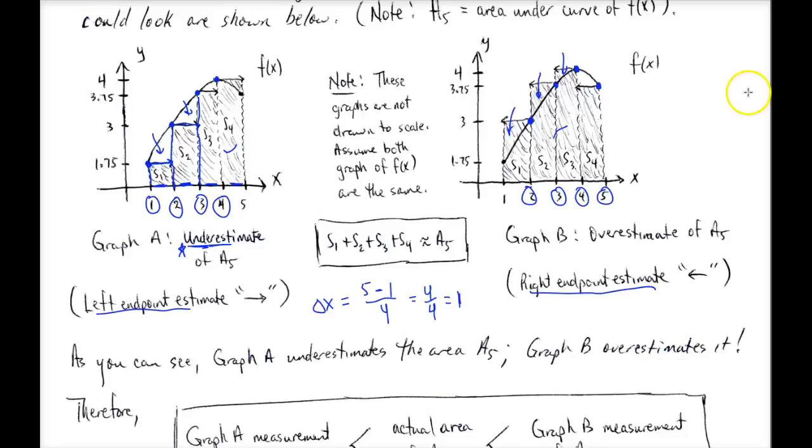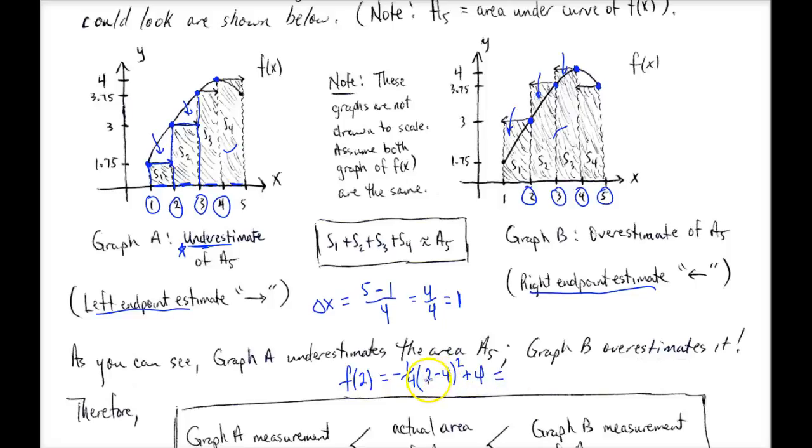And so if we want to figure out the area of S sub 2, I'll come back up here for a second, then of course we know the width is just the difference between 3 and 2, which is 1. But the height of the rectangle here is going to be 3, and that is because that is what f of 2 is. So if I took my function and plugged in 2 into it, then this is what it would look like.